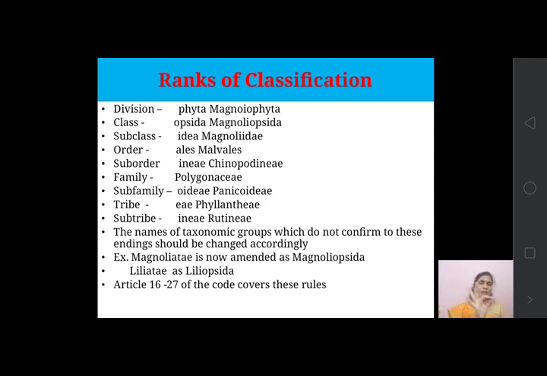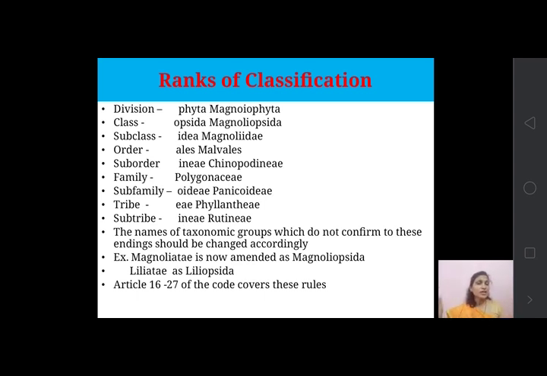Magnoliaceae is now amended as Magnoliopsida. That means -opsida means class. The class was formerly known as Magnoliaceae, but as it does not end with -opsida, it is converted into Magnoliopsida. Similarly, Liliaceae becomes Liliopsida.